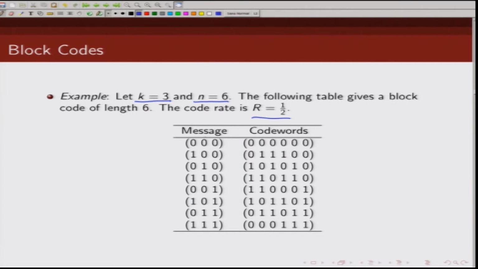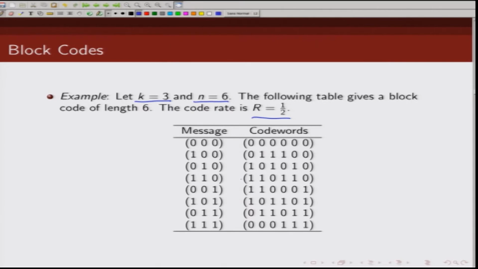Now, k is 3, that means there are 2 raised to power 3, which is 8 code words, and these are the 8 messages from 000 to 111, with the corresponding 8 code words. 000 is mapped to the all 0 sequence, 100 is mapped to 011100, and likewise the other sequences have been mapped.